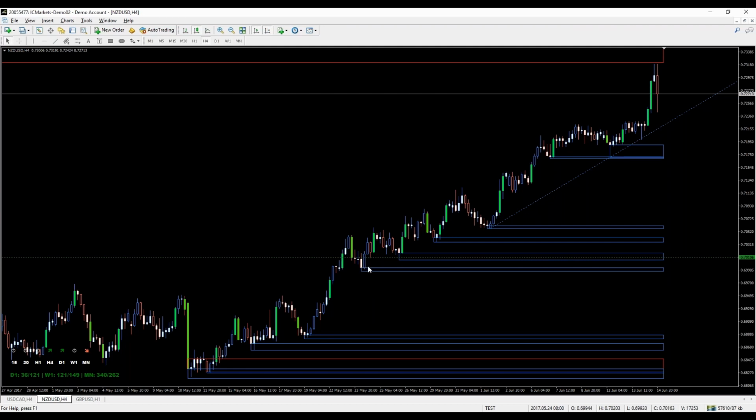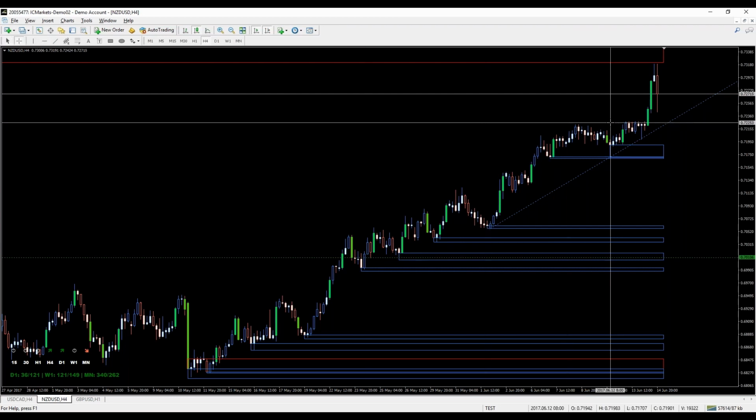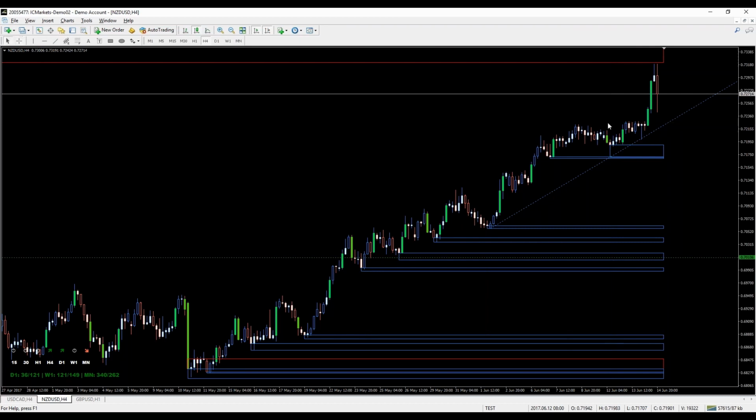But it's just kind of like a personal call. I like to wait for price to come here, but again, it depends on price. When price is racing up like this, it's probably not going to necessarily come back to the area. As you can see, this one didn't, this one didn't, this one didn't, this one did. If we look at the time of day, it's in the morning, so this is before London opened, and so price is normally drifting sideways, and so price will often come back before sessions and after sessions.